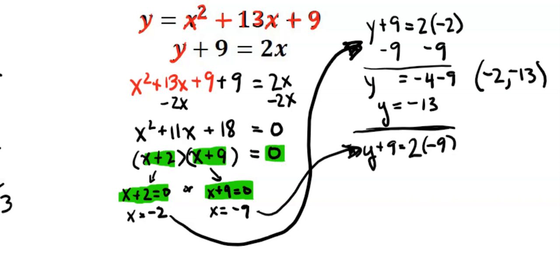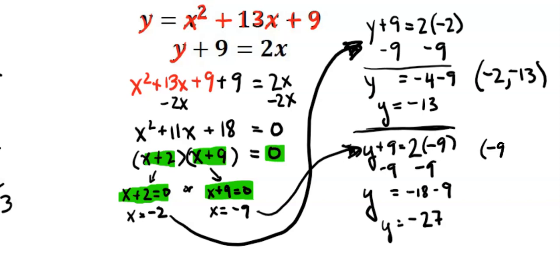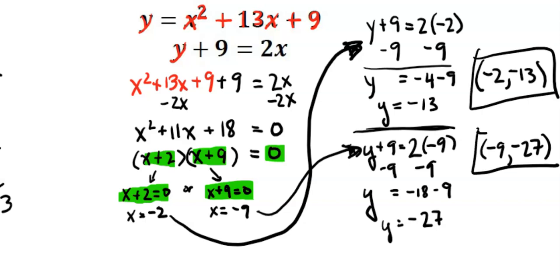So subtracting 9 from both sides, we get y equals 2 times negative 9 is negative 18 minus 9. y equals negative 27. And so our other solution is at negative 9, comma, negative 27. And those are our 2 points of intersection.